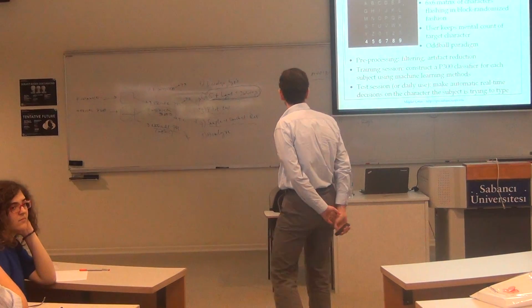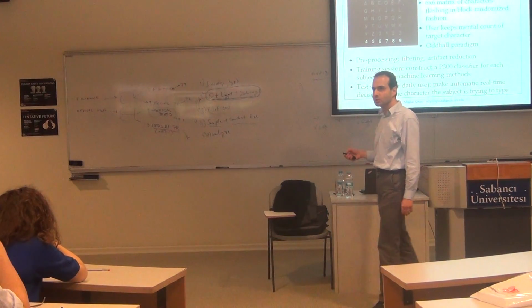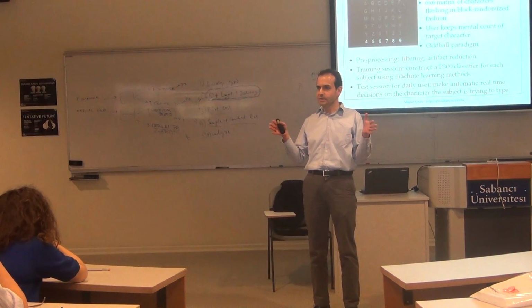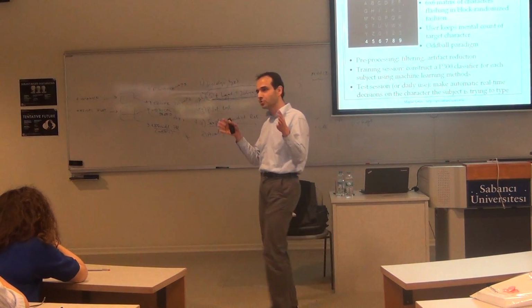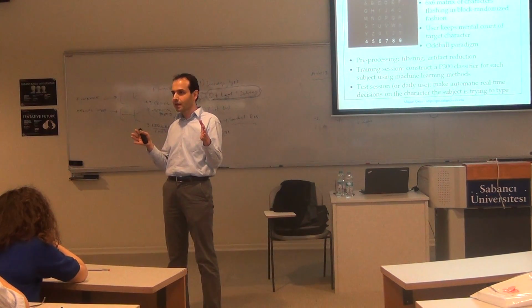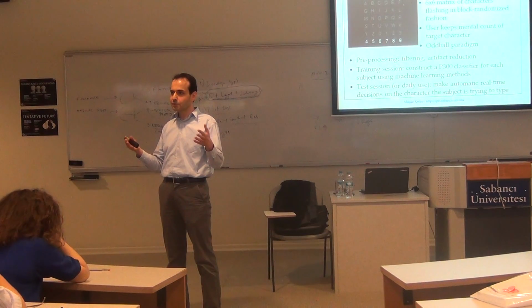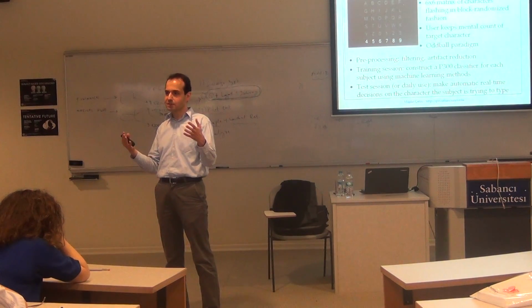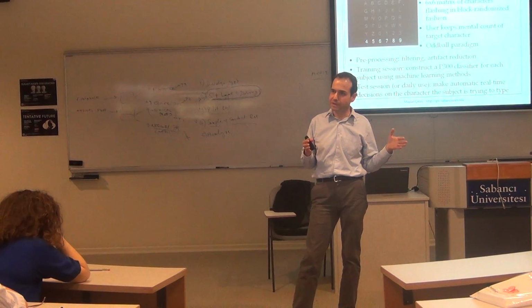So the way you flash this is that you have a set of 12 flashes, 6 rows and 6 columns. You do that in some random order. That means one flash for each row, one flash for each column. After a set of 12 flashes, you can compute the probabilities of all 36 characters. If your algorithm is confident, you declare the result. Otherwise, you move into the next set of 12 flashes.